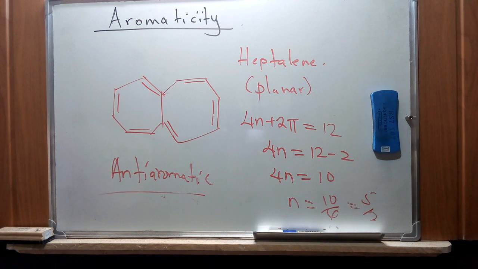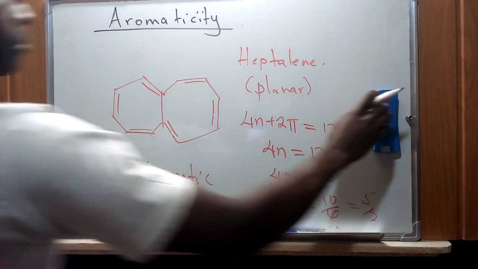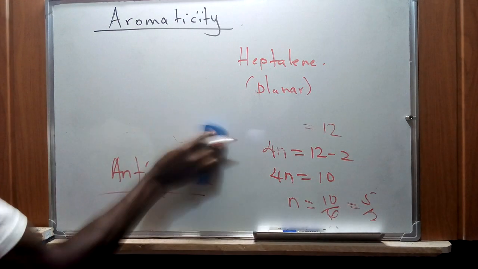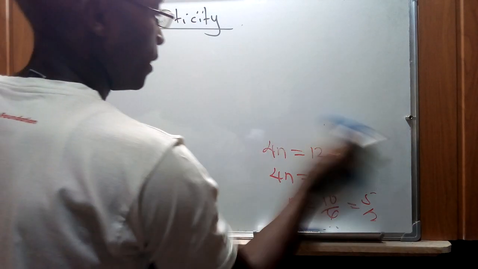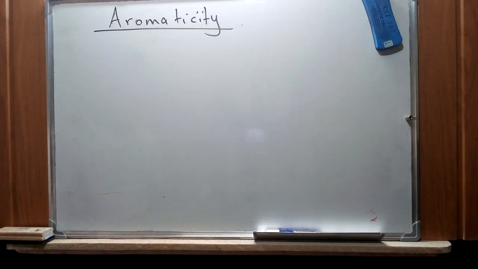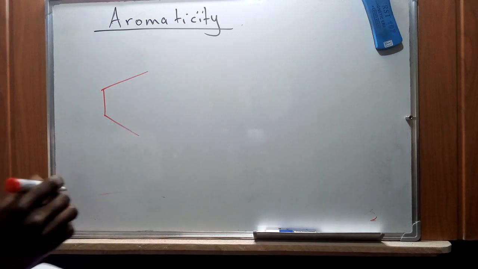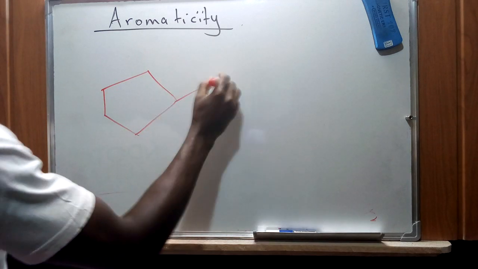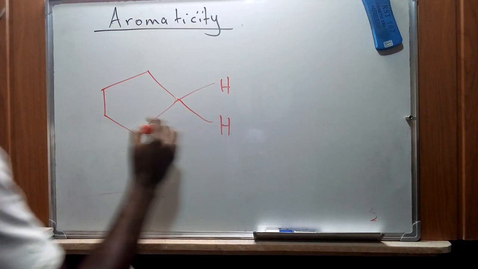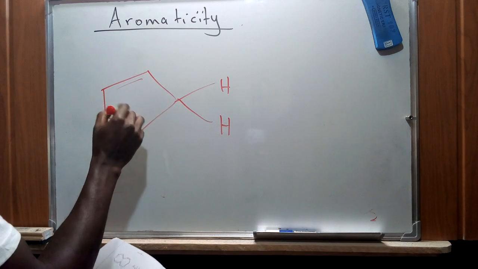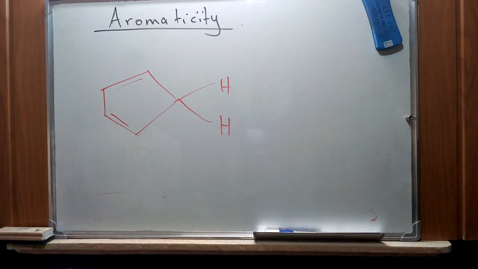And if we give a second example of a compound, we said that for a compound to be regarded as aromatic, it has got to be conjugated, whereby each atom must be either sp2 or sp hybridized. Let's try to look at this compound, which can be illustrated as such. So we have this compound.